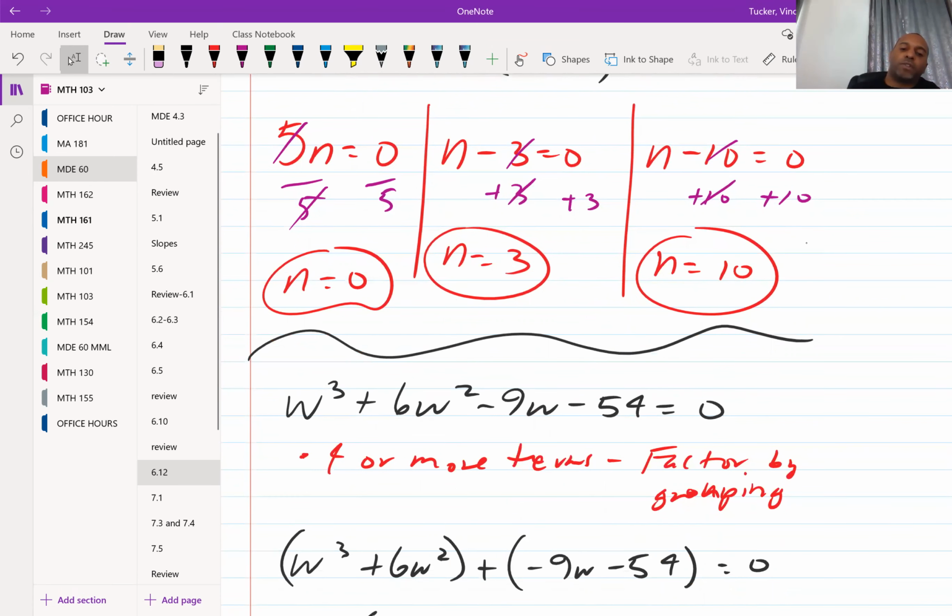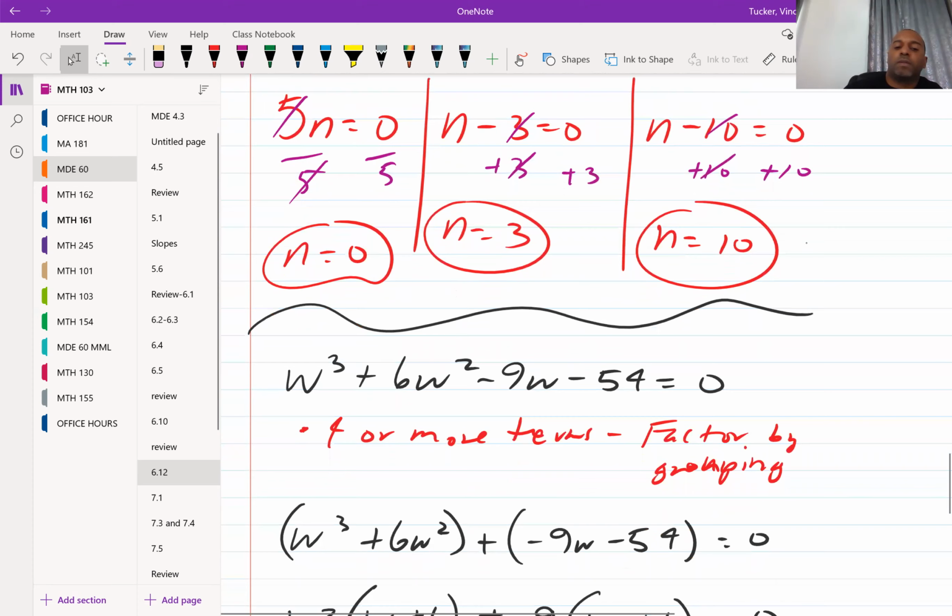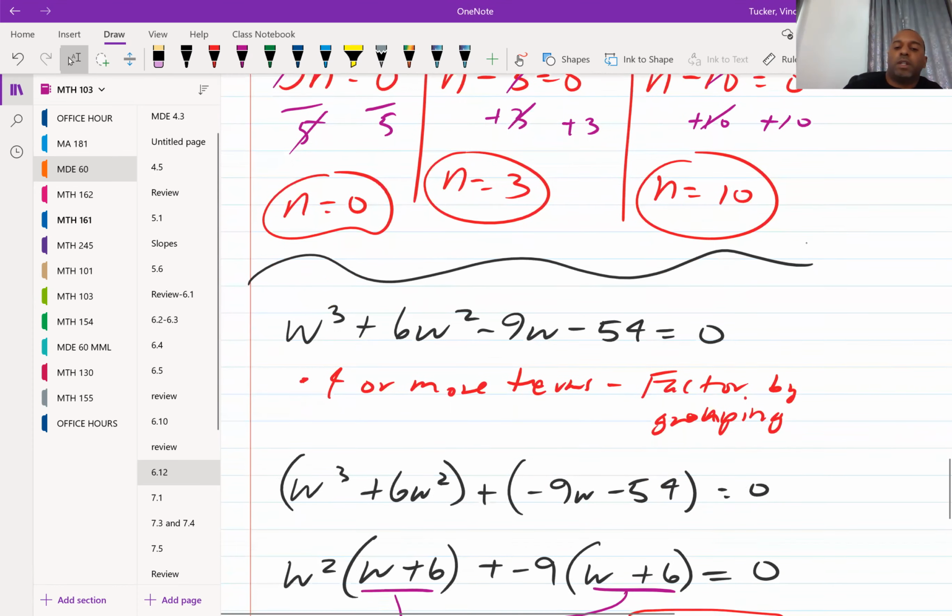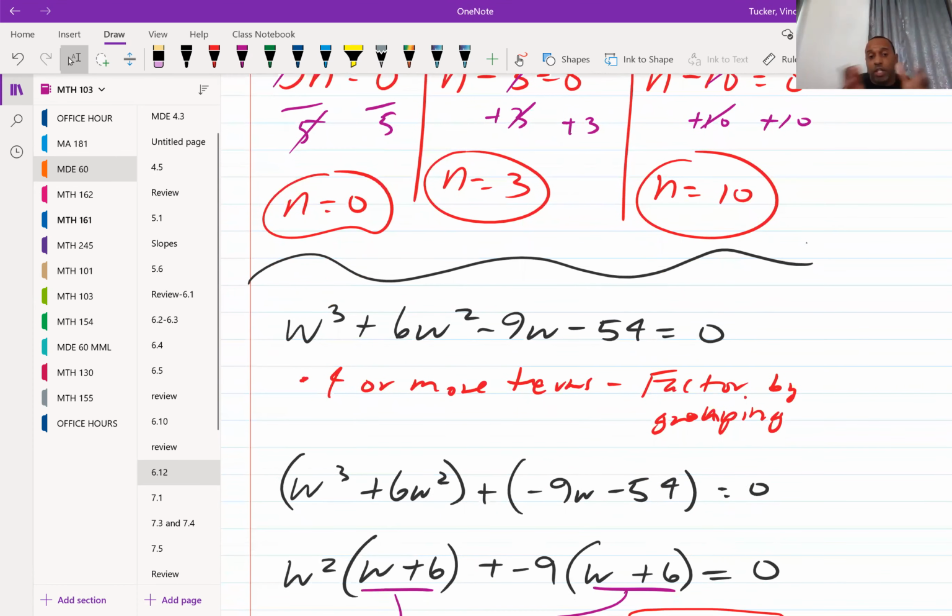So group together the first 2 and the last 2. Then we factor out the GCF out of each parenthesis. So in the first one, I can pull w squared out of each term. And out of the second group, I can pull out -9 from each term.